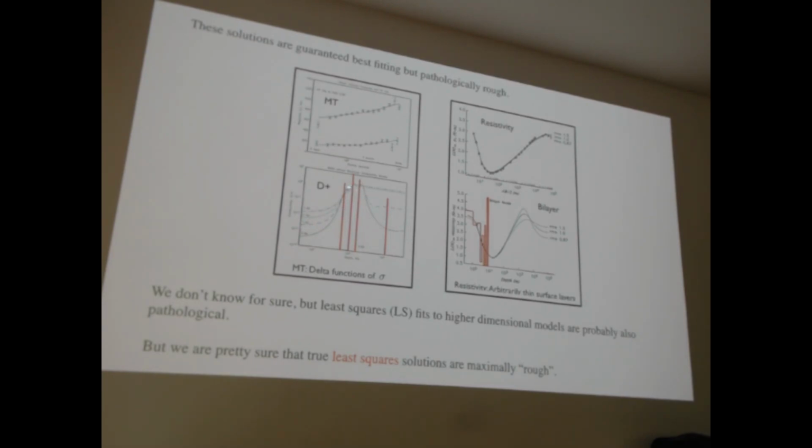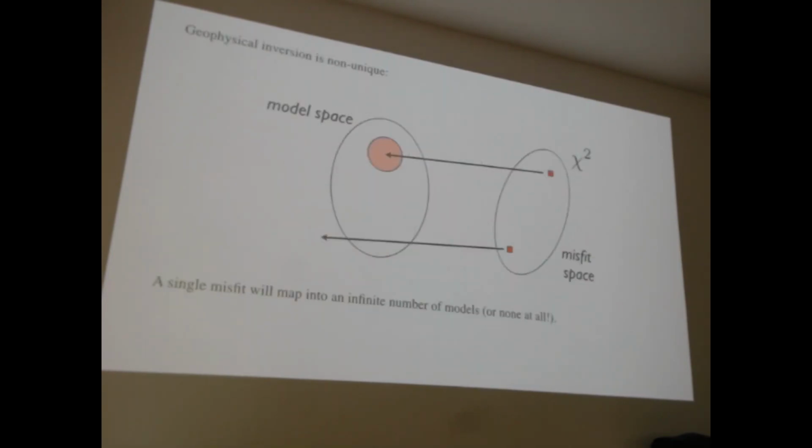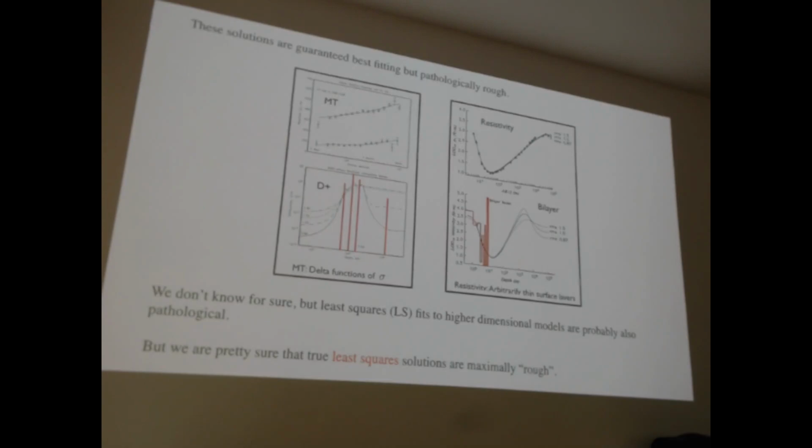They're trying to imitate this delta function model called D+. So generally speaking, the problem with least squares solutions to EM induction problems is that they're going to be maximally rough. There's a single solution for 1D MT theory.